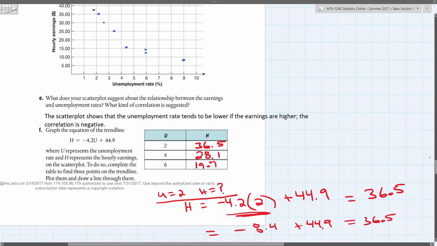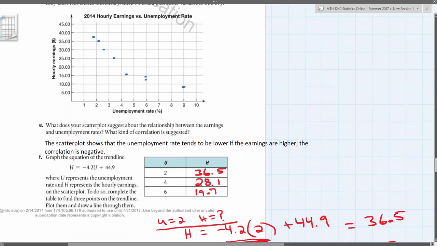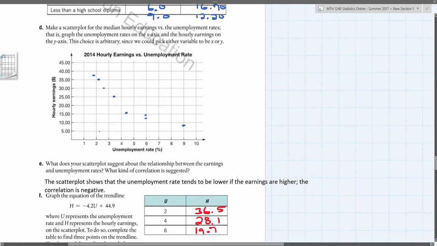Now if I plot these points, so 2, 36.5, maybe it's here. And then 4, 28.1, might be roughly here. And then 6, which is 19.7, which might be here.